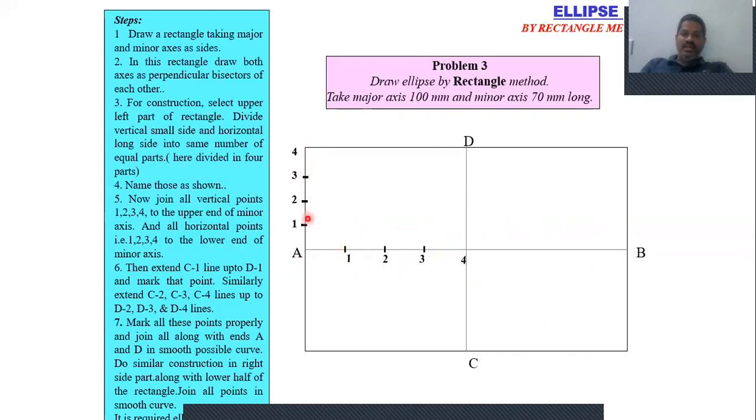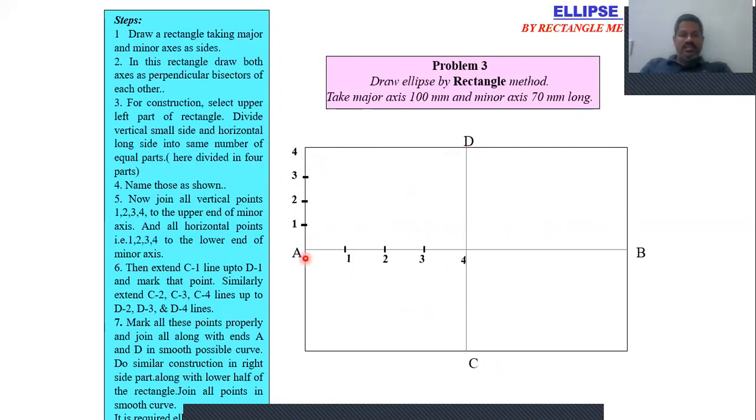Now join the upper point. The upper point of the minor axis is joined to the vertically divided points, the height divided points.